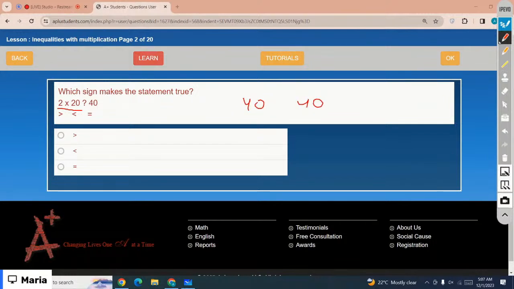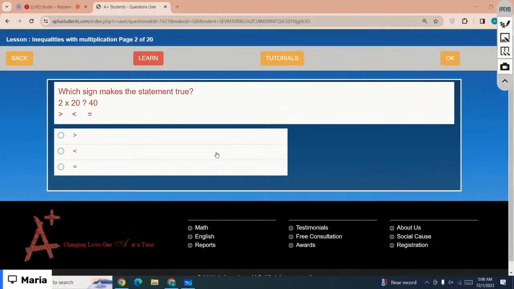So 40 and 40, they both are exactly equal. 40 is equal to 40.